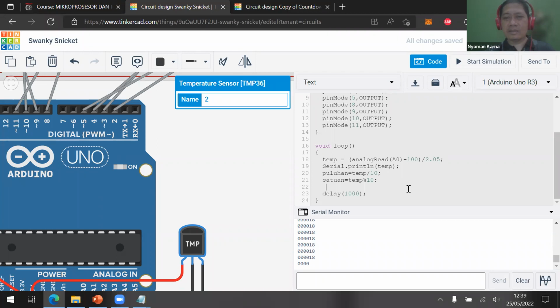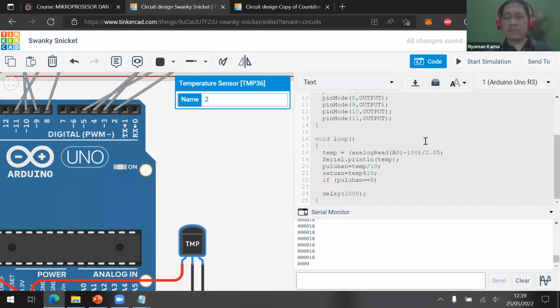Okay, so if puluhan equal to 9, sorry, we're going to do the easiest way, although this one is not simple in the logic thinking.